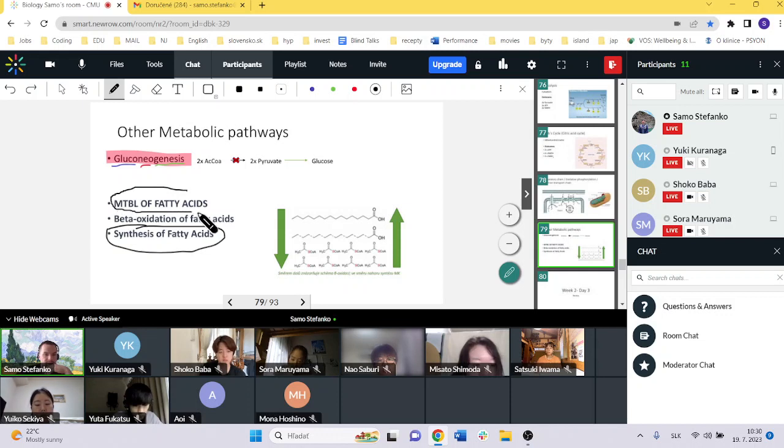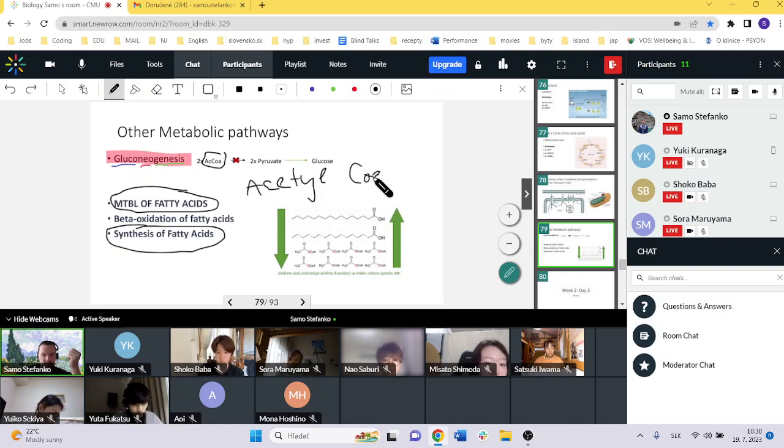All of the metabolism of fatty acids or lipids somehow revolves around this molecule, acetyl coenzyme A. If we have 8 molecules of acetyl coenzyme A and we undergo the synthesis of fatty acids, basically they bond together and create one long, 16 carbons long fatty acid. Okay, so this is the synthesis of fatty acid.